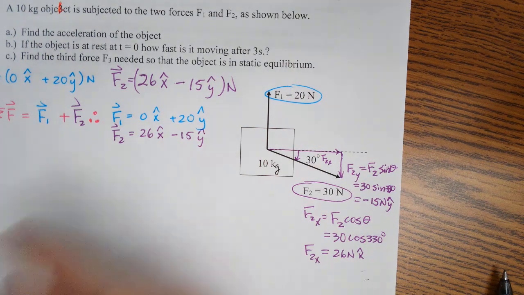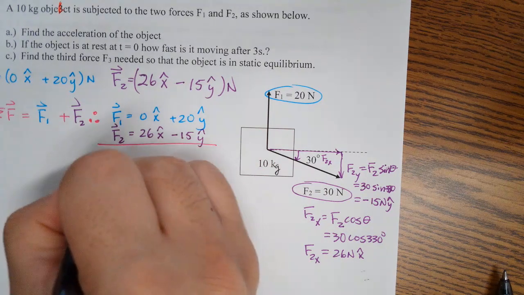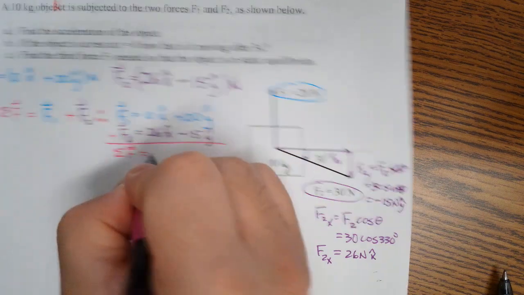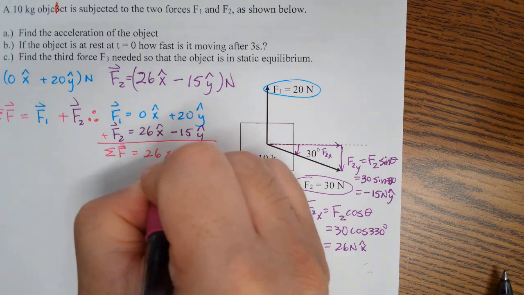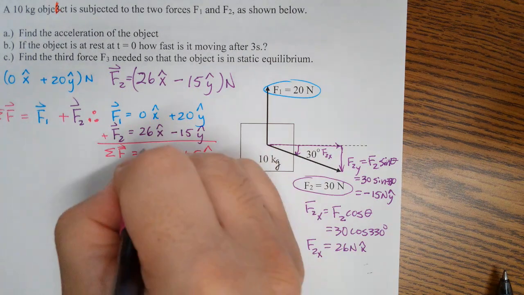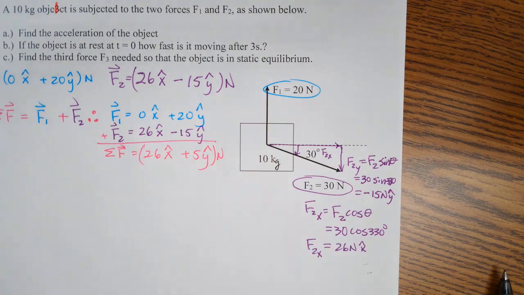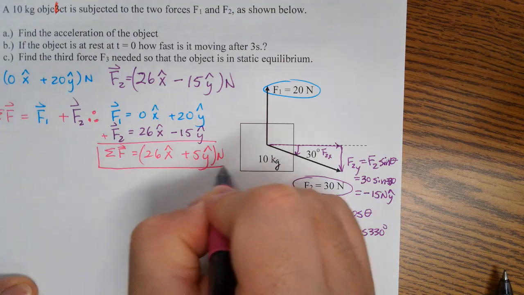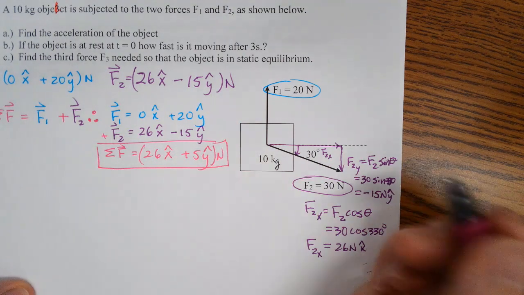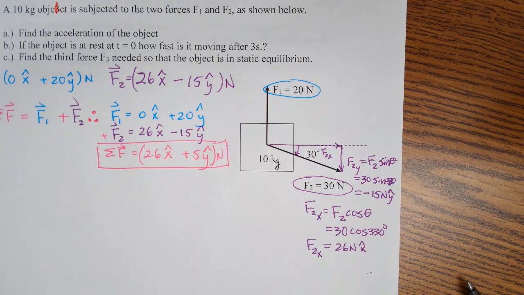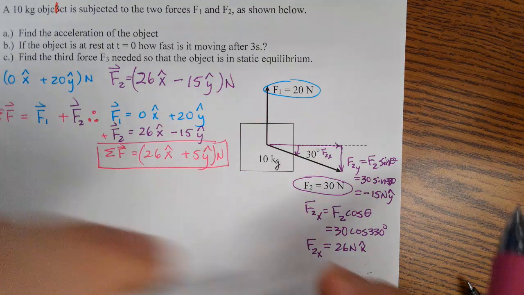So when I add these two forces up, I get my net force, and that is 26 x hat plus 5 y hat newtons. All right. So this is my net force in Cartesian form. So that looks like it's going to be going somewhere, like here.